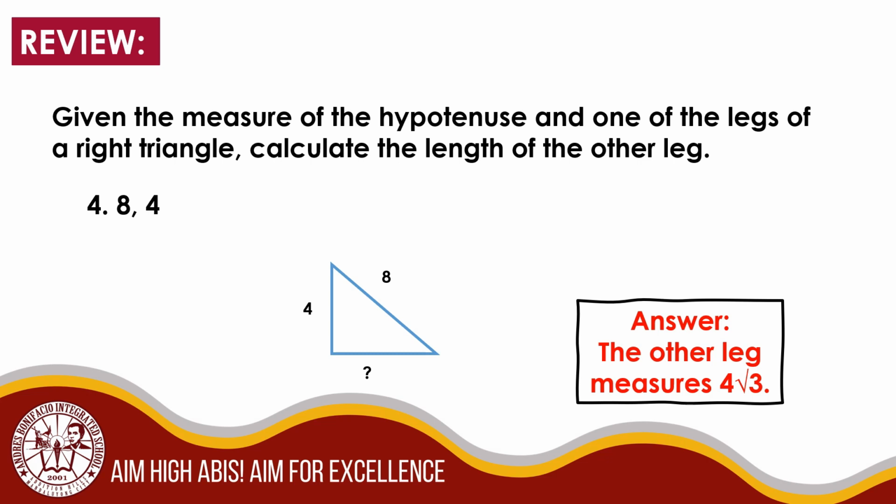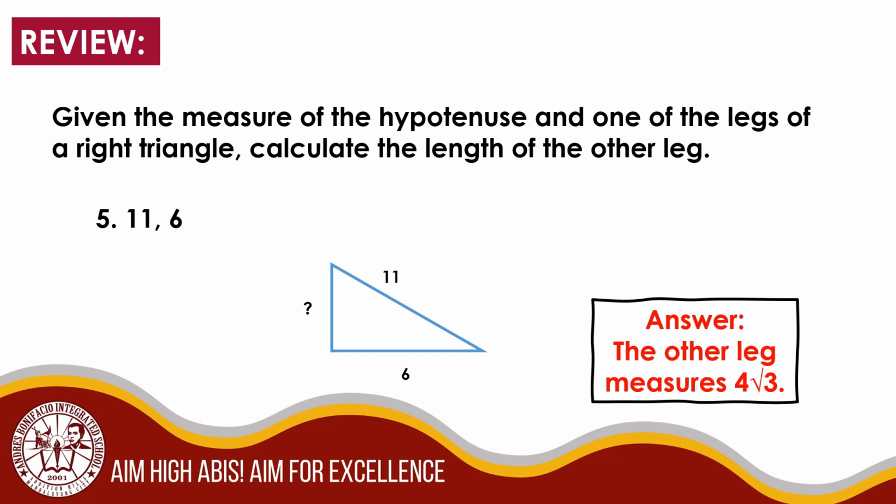Using Pythagorean Theorem, the result of the other leg measures 4 square root of 3. Okay, number 5 figure. The hypotenuse measures 11 and one of the legs measures 6. The result, the other leg measures 4 square root of 3.